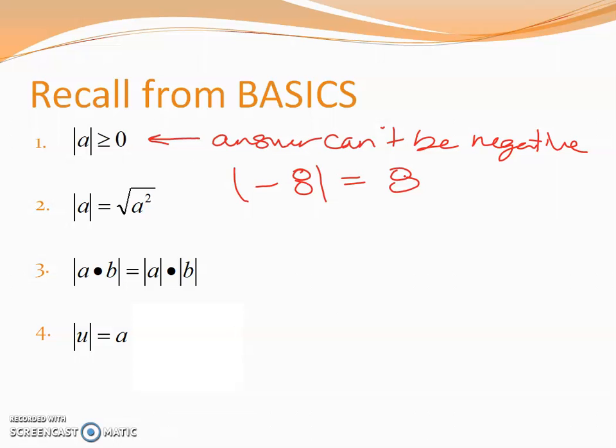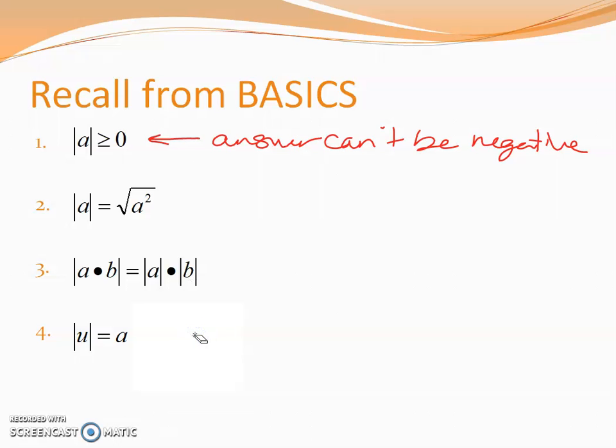So that one worked there. Also, the absolute value of a equals the square root of a squared. We've done that one before. This one we haven't talked about before: if you are multiplying two things inside an absolute value, you can split it into two absolute values.